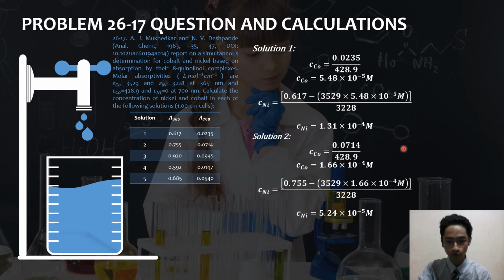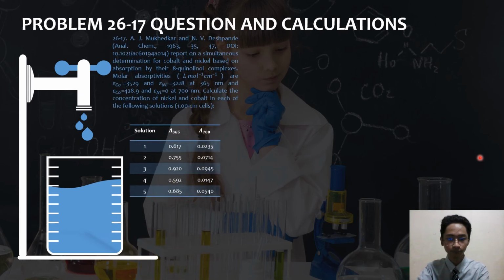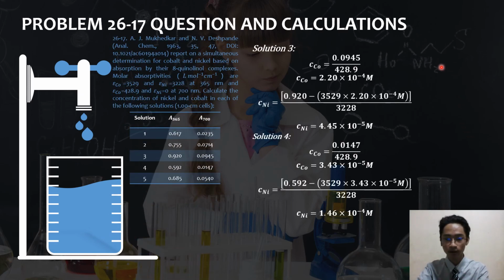Using the same formula for solution 2, we get concentration of cobalt is equal to 1.66 times 10 to the negative 4, and concentration of nickel is equal to 5.24 times 10 to the negative 5. Using the same formulas for solution 2, 3, 4, and 5, we will get the concentration. I will not elaborate more because we use the same formula.